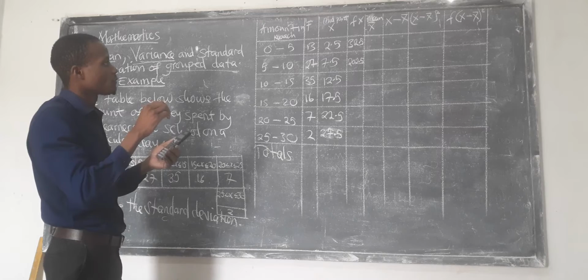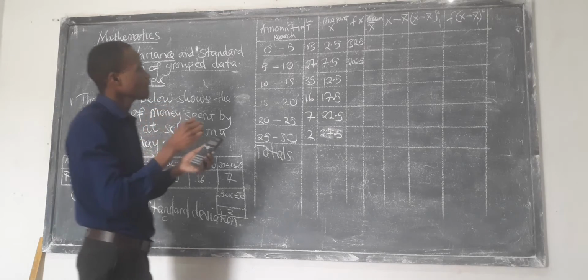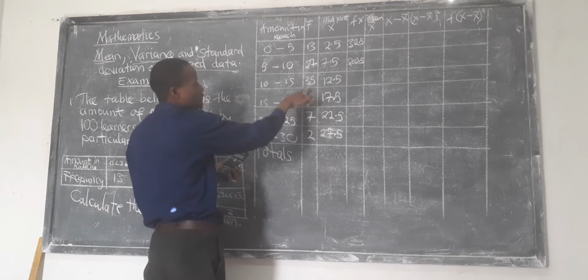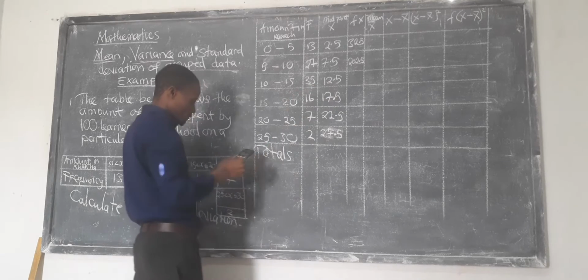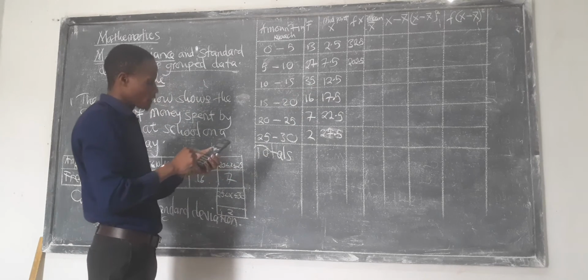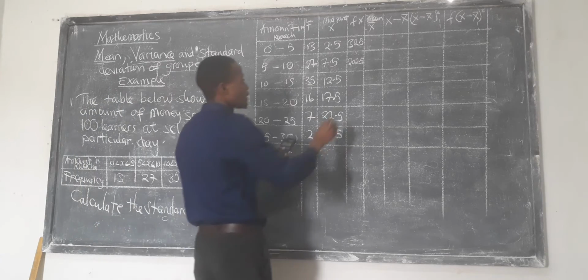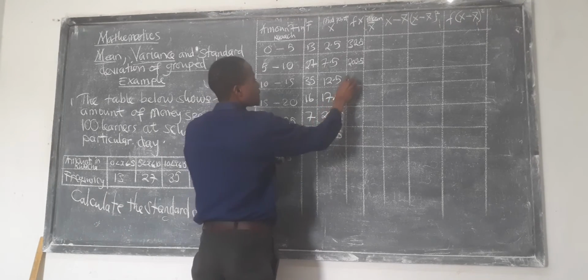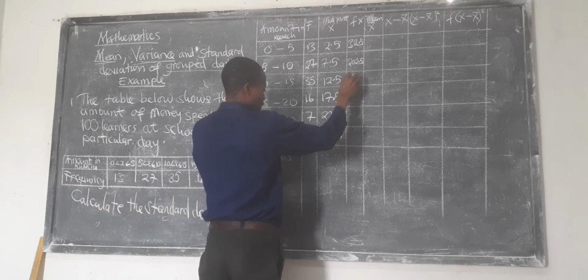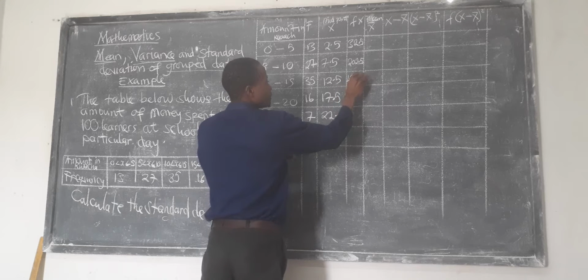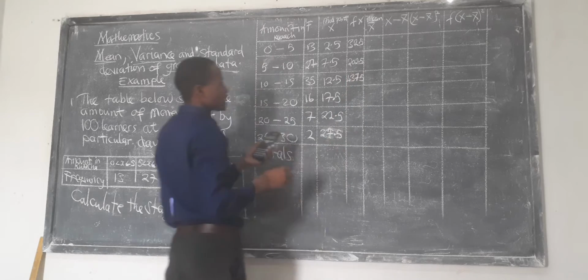I drew very small boxes. Next, we have 35 times 12.5, which is 437.5.